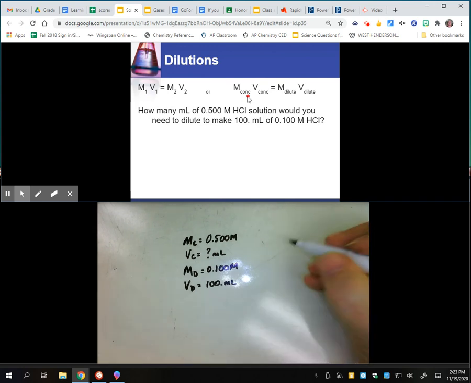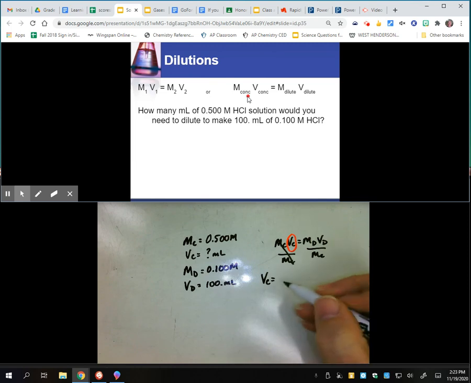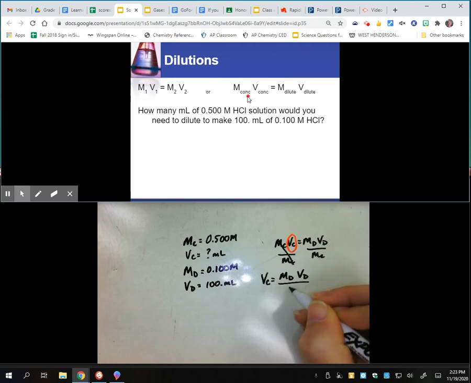All right, so for this one, I have MC VC equals MD VD. And in this particular problem, I am solving for VC. So I need to divide both sides by MC. So my concentrated volume would equal my dilute molarity times my dilute volume over my concentrated molarity.